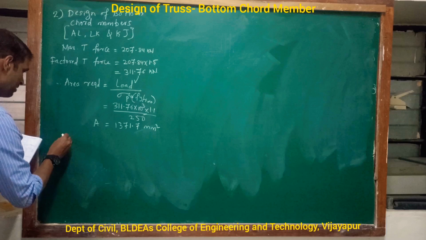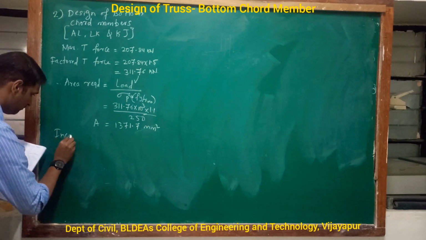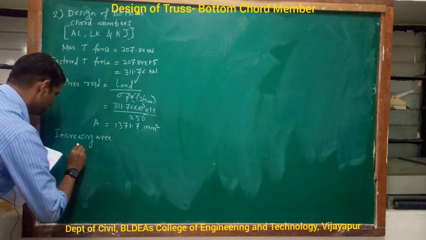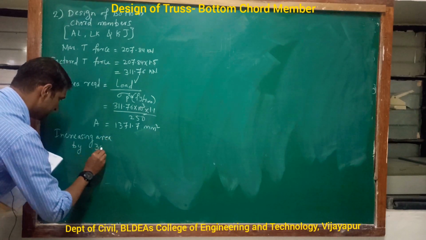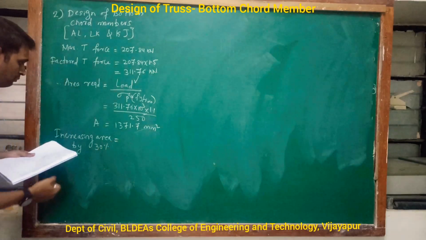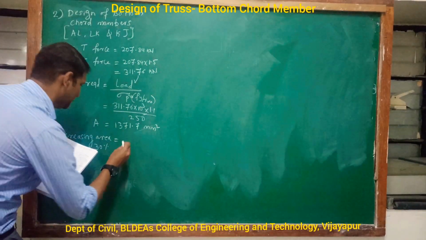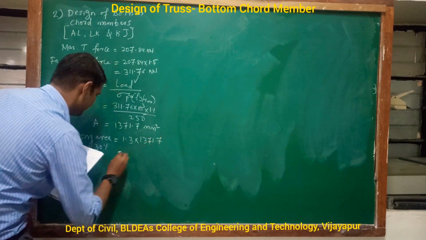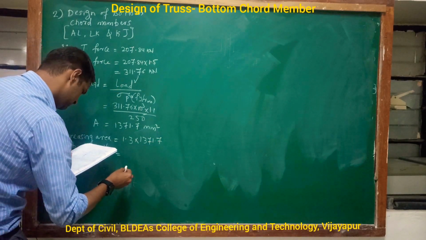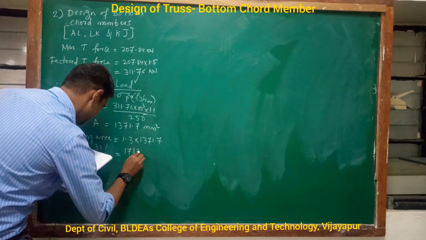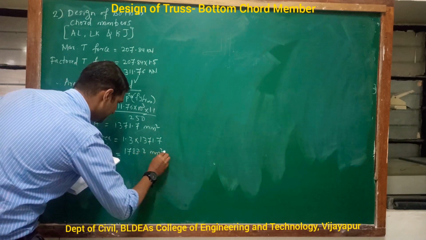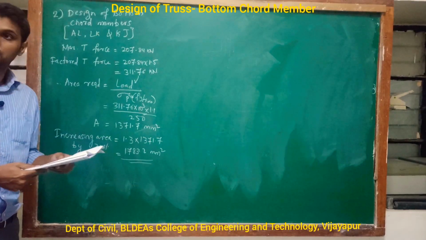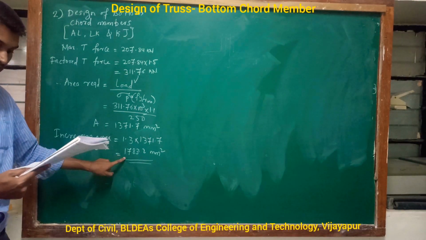Now increasing area by say 30%, this is to compensate for bolt holes used for connection, that is 1.3 into 1371.7, which will be 1783.2 square mm.